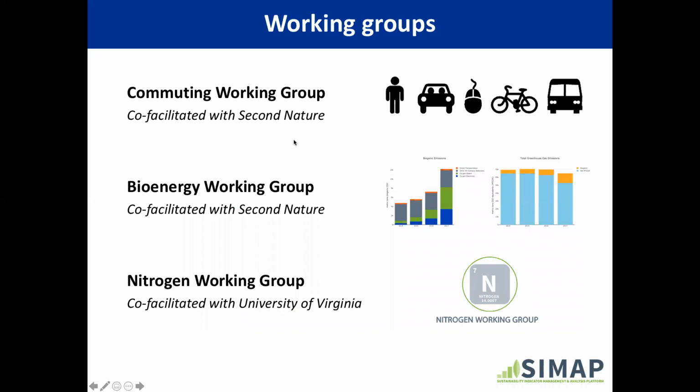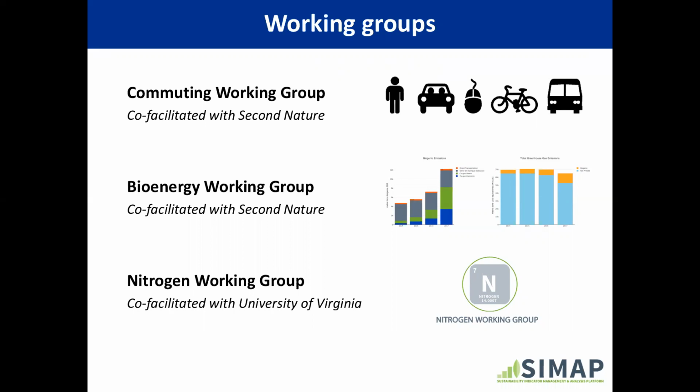So just a few other brief SIMAP updates here before we get to the Q&A session. We have 3 ongoing working groups. We mentioned the Commuting Working Group, which we've been working on with some updated commuting guidance, and also on the telecommuting calculations.